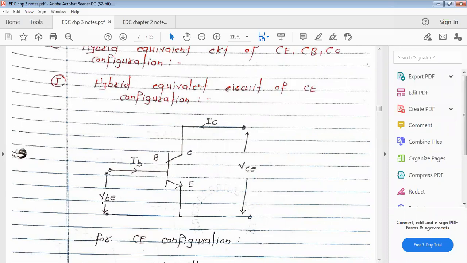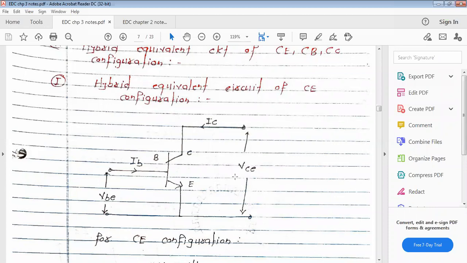So VB is the input voltage, IB is the input current. Similarly VC is the output voltage, IC is the output current. Now see here, the direction of IC is like that. Why? Because input and output are to be treated as separate terminals. We treat the transistor as a 2-port, meaning an input terminal and an output terminal.